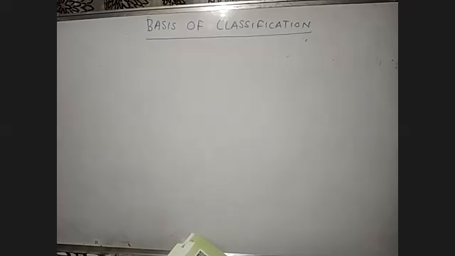So we get different forms of animals, and these animals have different structures. But in spite of differences in structure and form, we have some features, some characters that are very basic and fundamental.